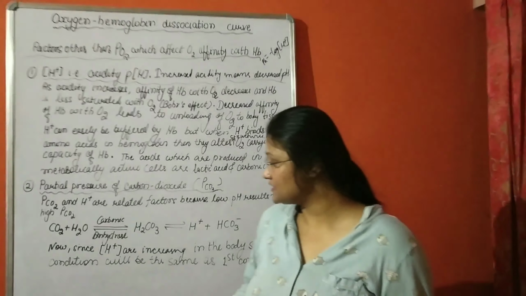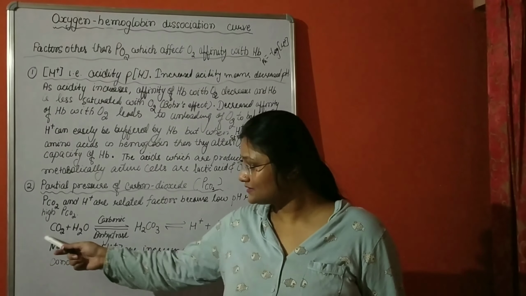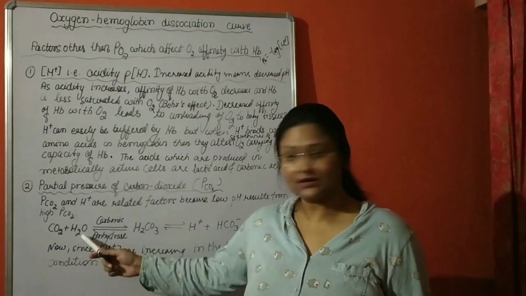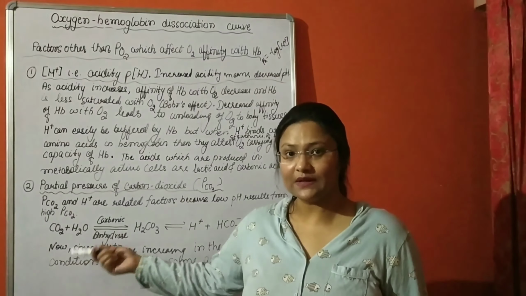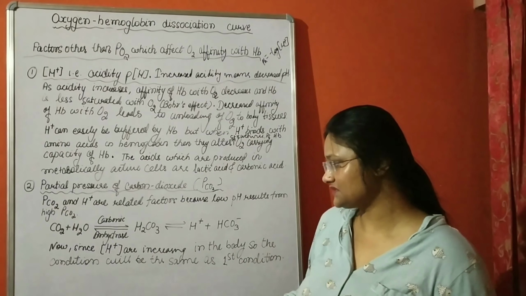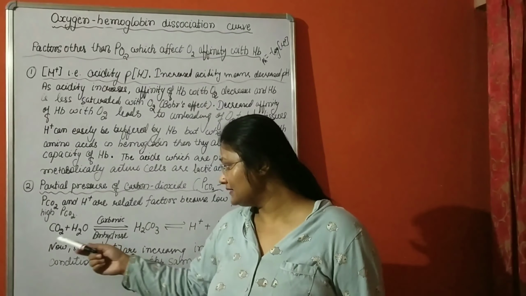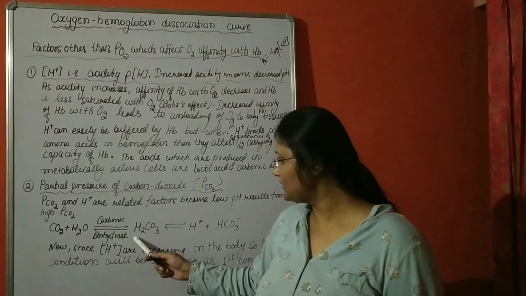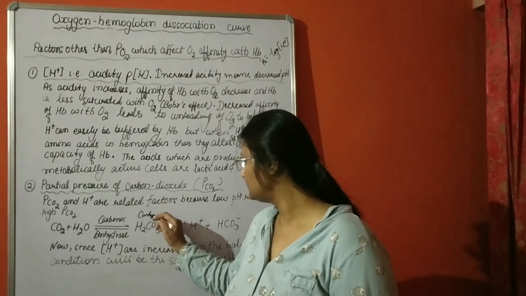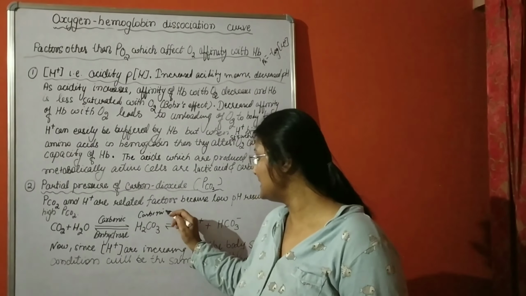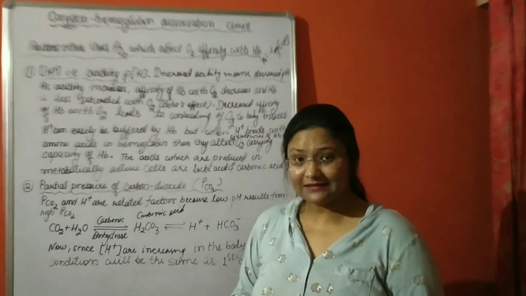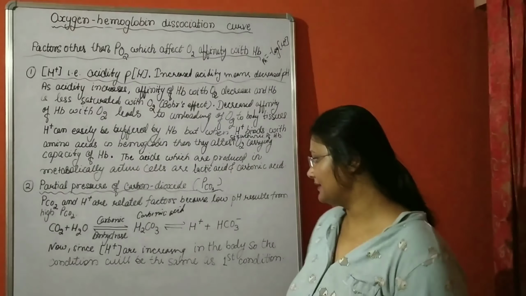This is one equation. When CO2 enters our blood, it binds with water present in the blood, because we know that our blood has a liquid part also, which is made up of water. So they both combine to form carbonic acid. This reaction is catalyzed by an enzyme known as carbonic anhydrase.